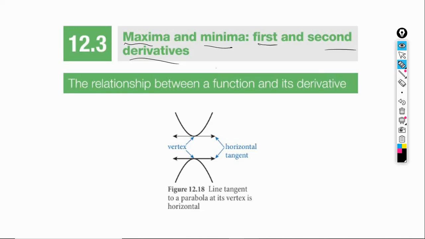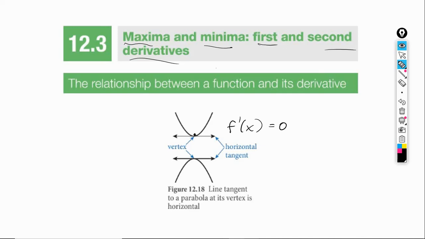Now, the first thing that we have to remember is that at a point on the graph which is a minimum, for example, here, the tangent line to that minimum point is a line that has a slope of 0. That means that the derivative of that function at that point is equal to 0, right?